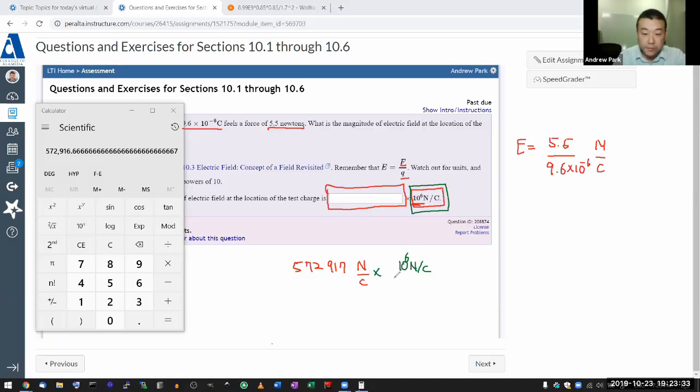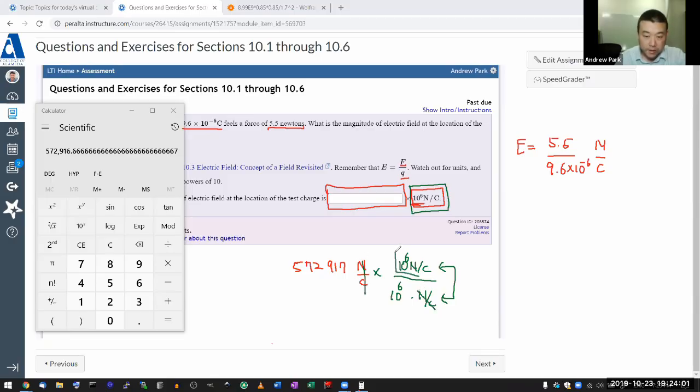So I really want to be multiplying by 1, which means a quantity where the numerator and the denominator have the same physical value. Here, the same physical value happens to be just 10 to the 6 times Newton per coulomb. It's the same thing as what's on the numerator. I just wrote it out this way so that you can see that Newton per coulomb cancels out.